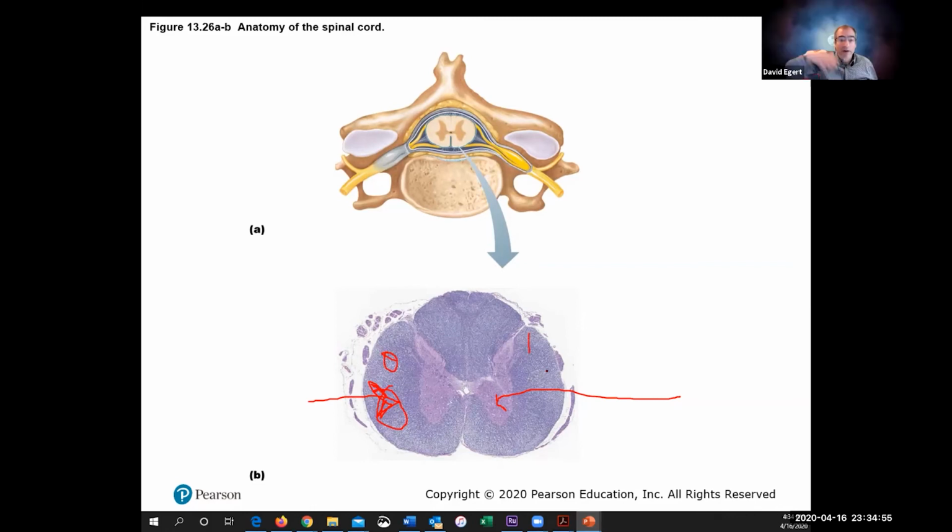That's white matter. Those are axons that are kind of going up and down and interconnecting things. What kind of cells line this little central canal right in the middle here? Ependymal. Yeah, that's the ependymal cells. And then normally this is the dorsal horn. The dorsal roots are the ones that form from those unipolar neurons in the dorsal root ganglion.